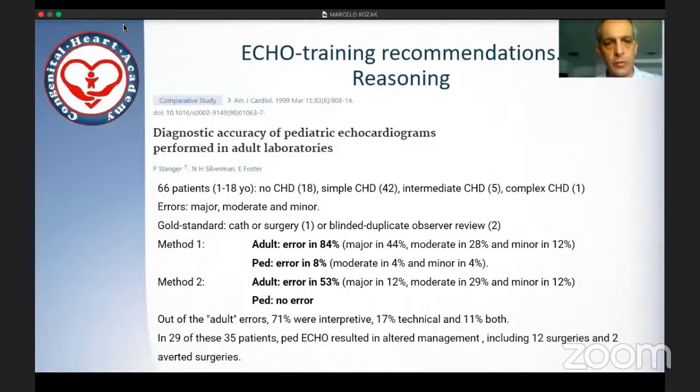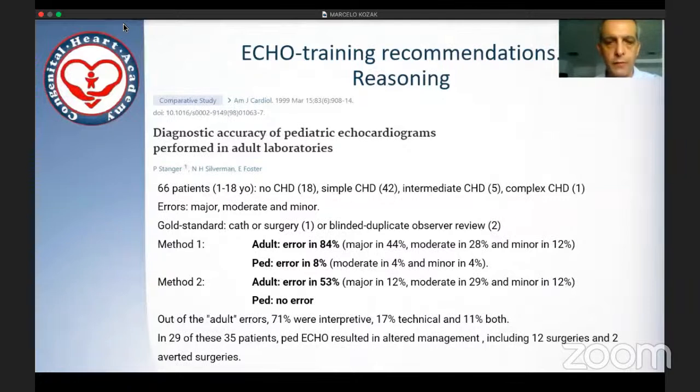And as you can see, the rate of errors on the adult side was astonishing as compared to the pediatric errors. Out of the adult errors, 71% were interpretive. That means that these people may have acquired the images correctly, but they didn't recognize the disease or didn't interpret it well. And this is very important.